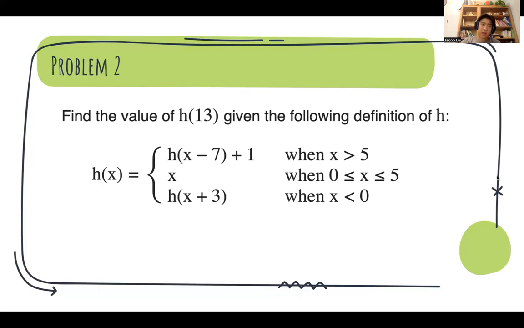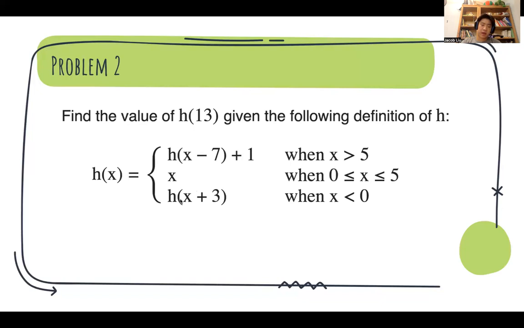So first, I need to define the problem, right? So h of x is equal to h of x minus 7 plus 1 when x is greater than 5. It's equal to x when 0 is less than or equal to x is less than or equal to 5, right? So basically, h of x is equal to x when x is greater than or equal to 0 and is less than or equal to 5.